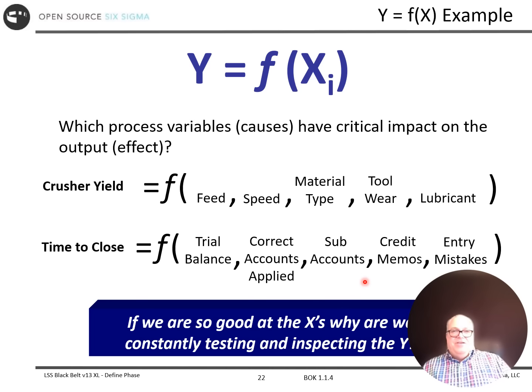And gosh, we write a lot of these credit memos, and I know we're always sending some files back to get data entry things checked or fixed, and so this is where we start. And through the process, we're going to say, well, which ones of these are the most important? And then we might break these down further into even further subsets. So we get sort of a hierarchy of X's, and the X's that we need to improve our output.